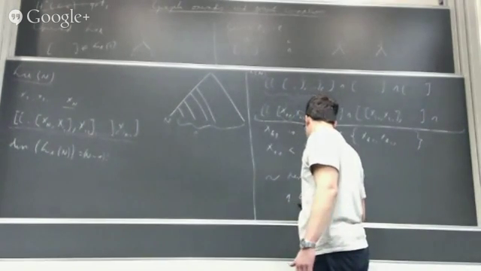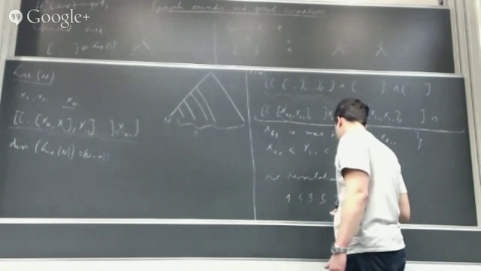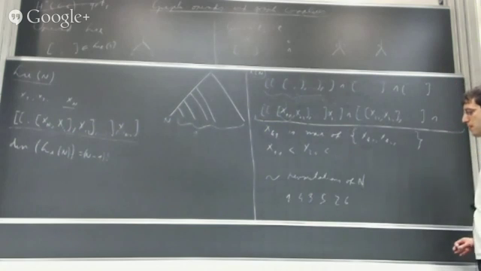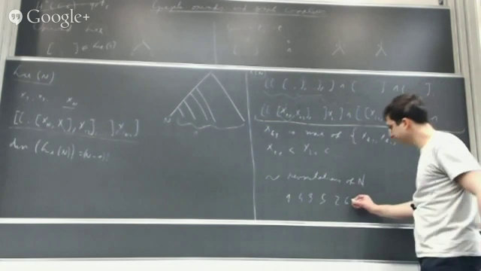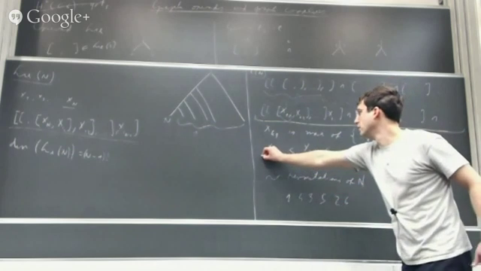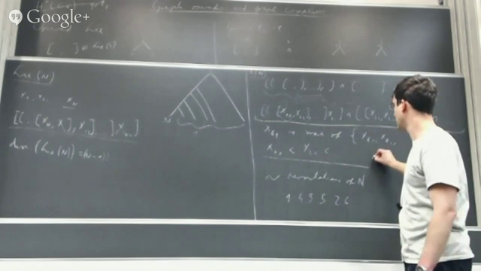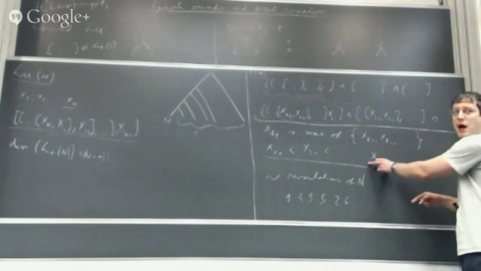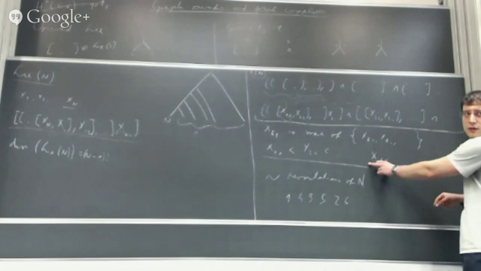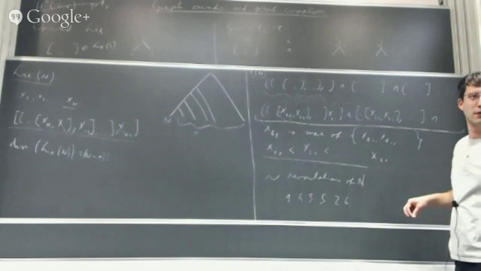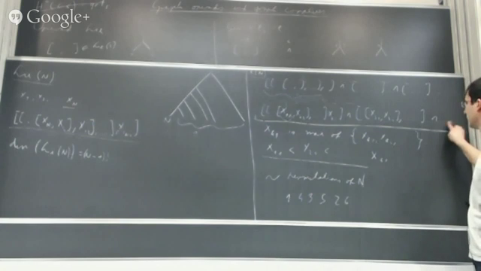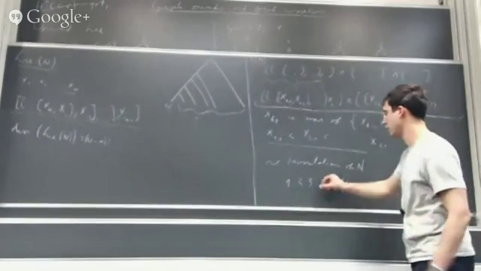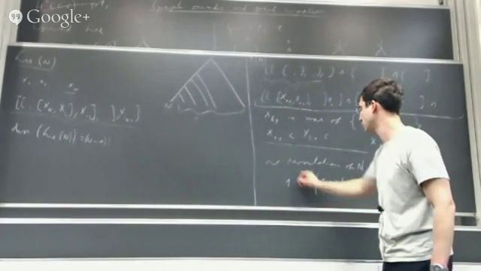1, 4, 3, 5, 2, 6. Because of this, x k1, the last one, will be the maximum of everything. It would be just bigger than all the words. So the maximum here, then I have the maximum of this here, and the maximum of this here.